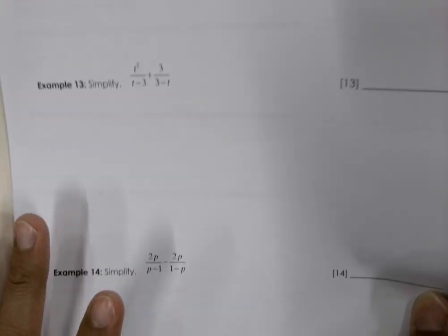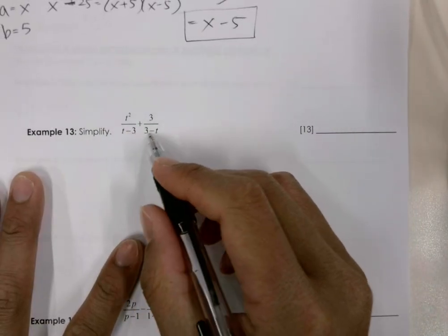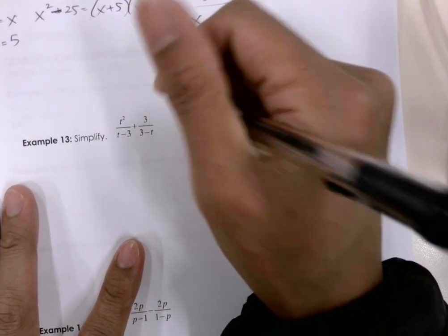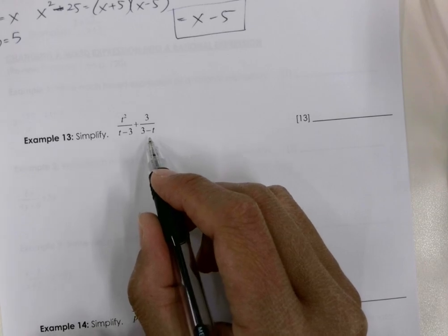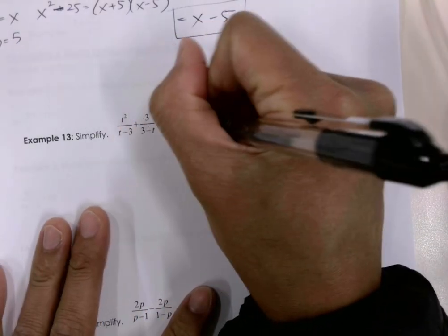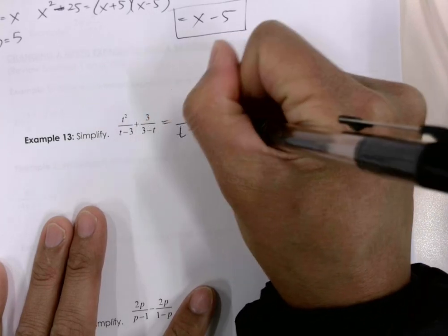All right. So now we're here. So here the denominators are not the same, but we can make them the same. Okay. Let's see. Can we make them the same? Yeah, we can. So we can go and say t squared over t minus 3.